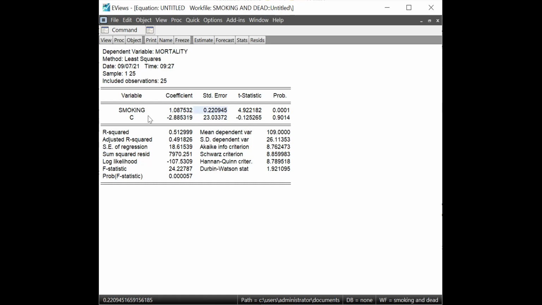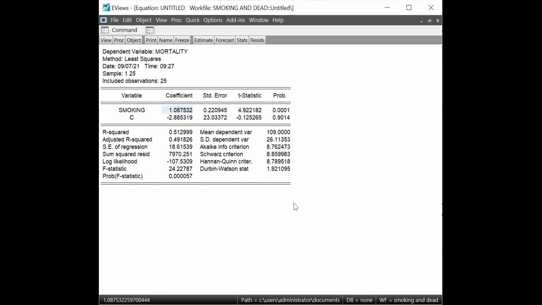What is the T statistic? This means 1.87532 divided by 0.220945, we get 4 point something. I explained already our rule of thumb: if you get a T statistic greater than 2.